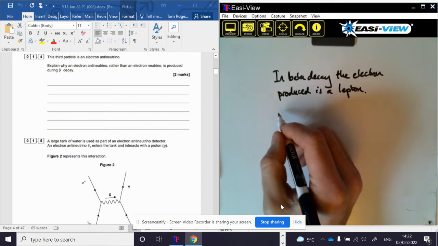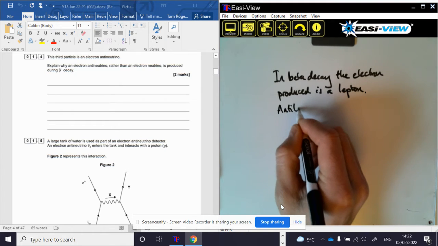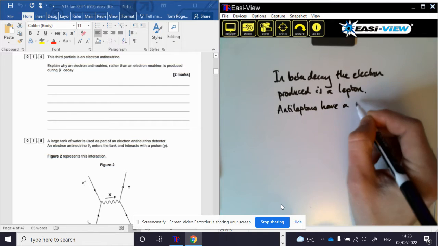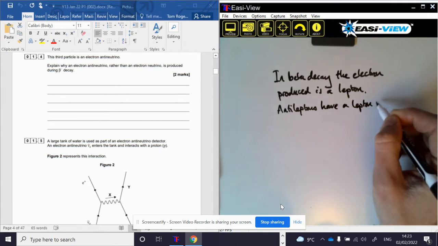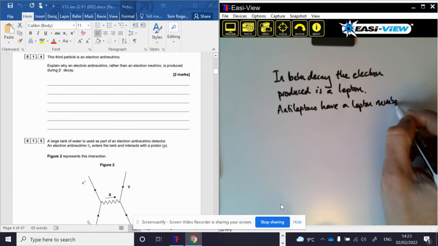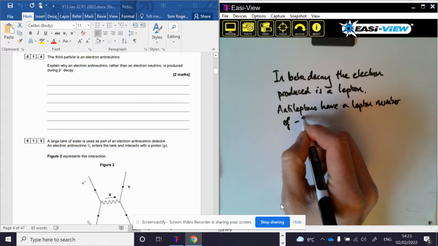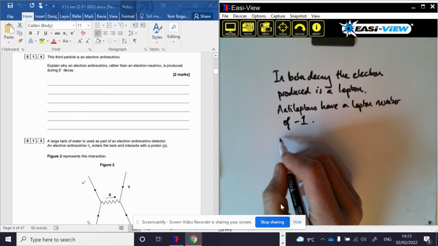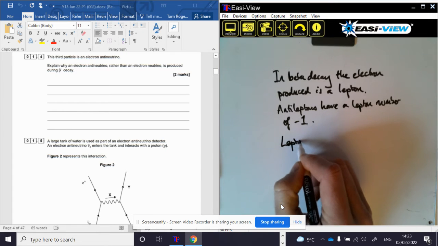And then antileptons have a lepton number of -1, and then we need to state that lepton number must be conserved.